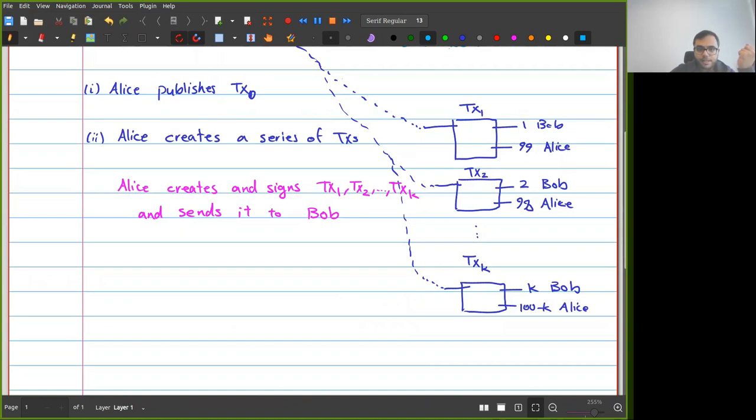So we can say that the next step is that when all the transactions are done, Bob signs transaction K and publishes this transaction on the blockchain. So we publish it on the network, it will eventually get on the blockchain.